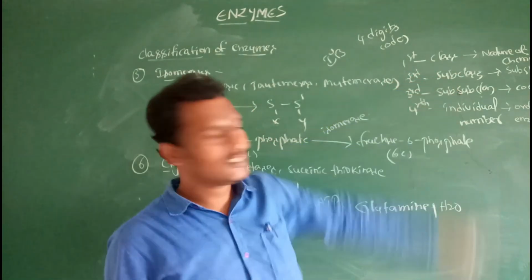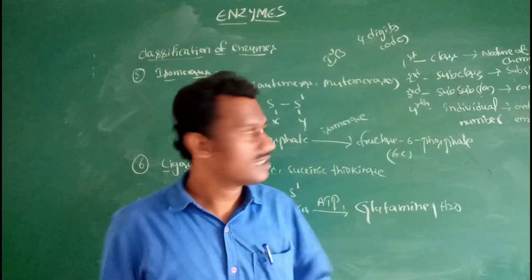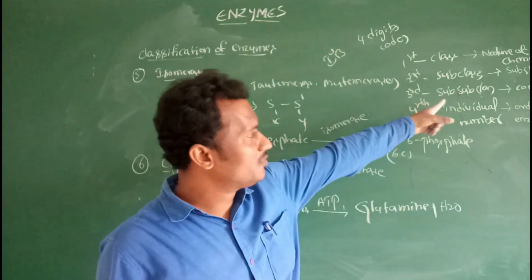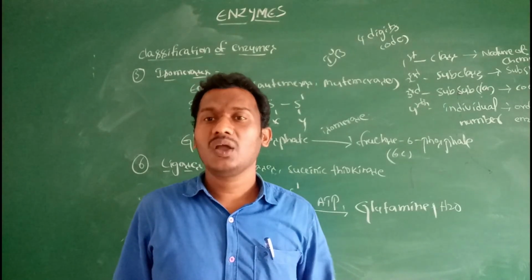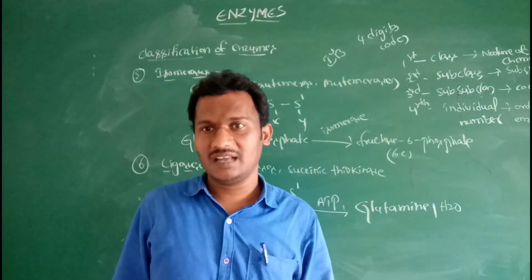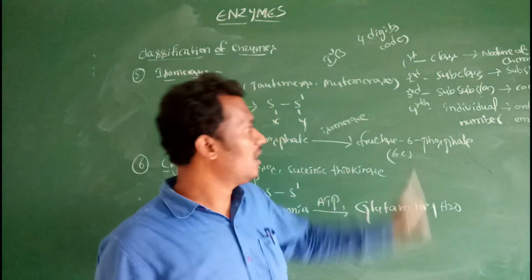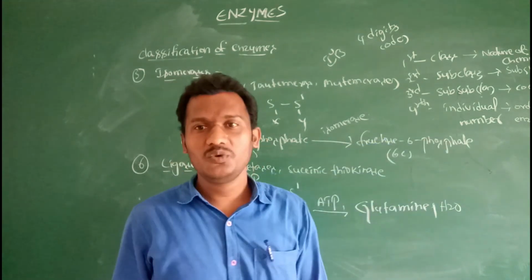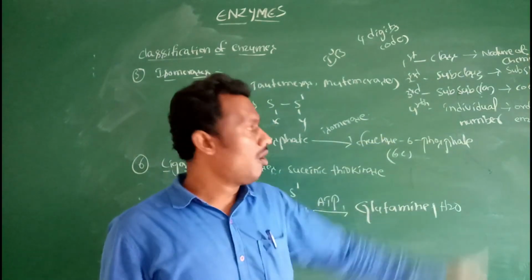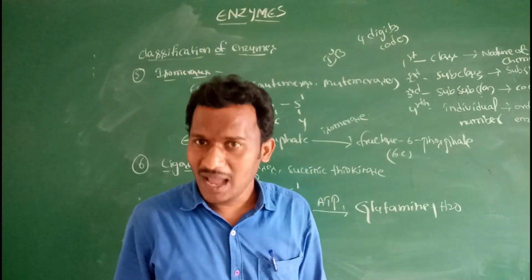The second code, subclass, is the nature of the substrate. The third code, subclass, is the nature of the coenzyme or cofactor, the non-protein part. The fourth code is the individual enzyme number, the ordinal serial number of the enzyme in the subclass.